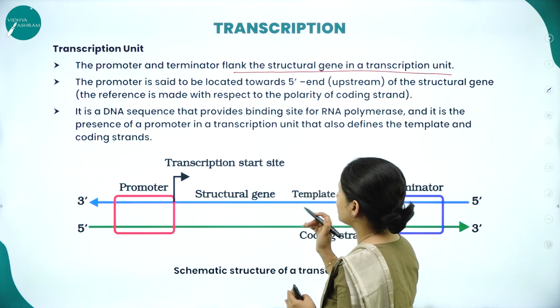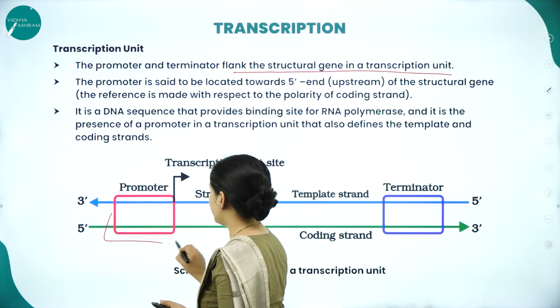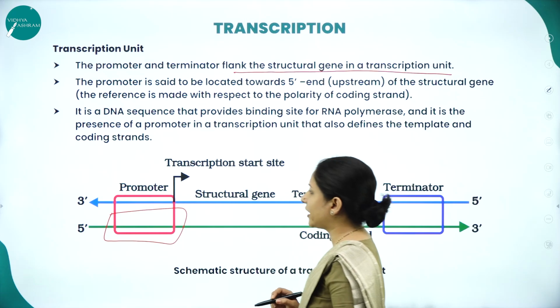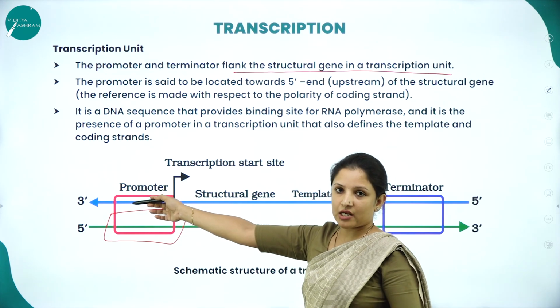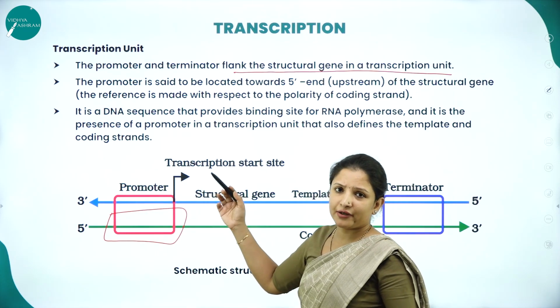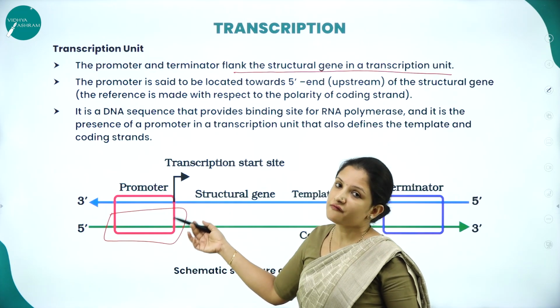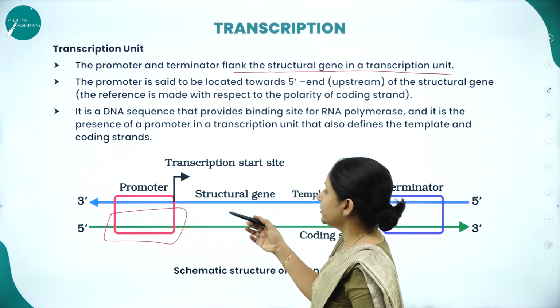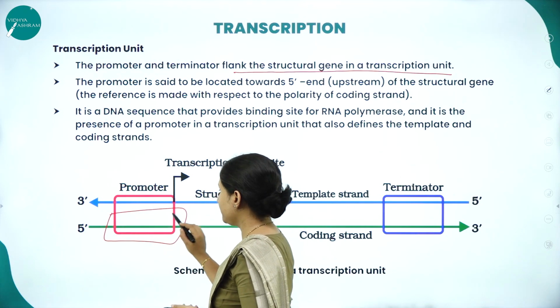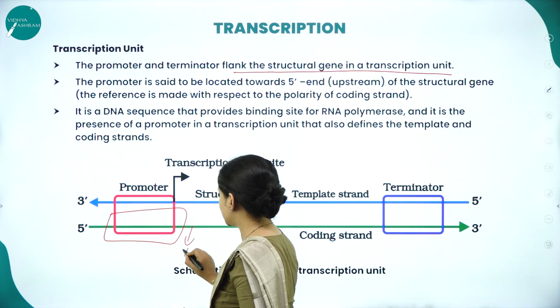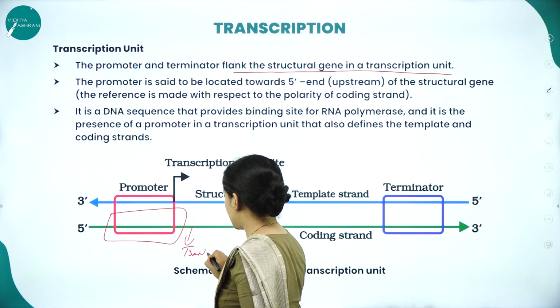The promoter is said to be located towards the 5'. Why am I writing it here towards the 5'? Because, of course earlier I drew the mRNA on the 3' strand, but usually the mRNA gets produced on the 5' strand itself. So here, towards the 5' end, because this is the strand which participates in the process of transcription.